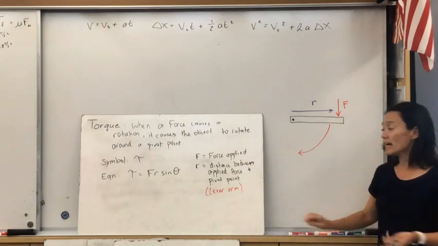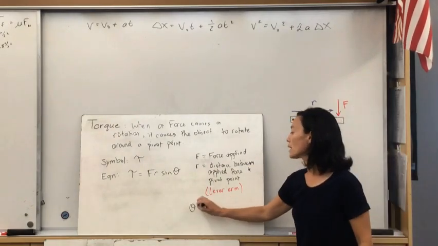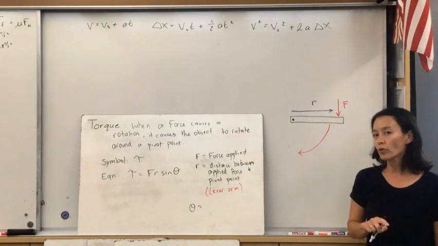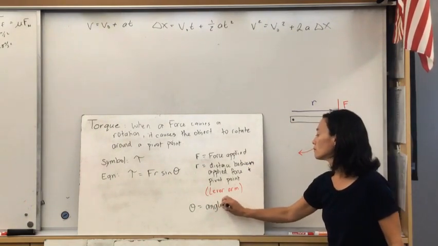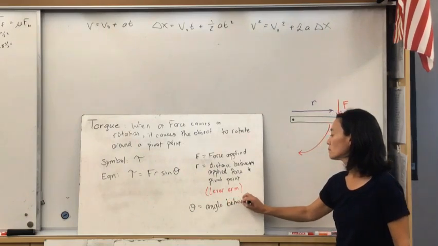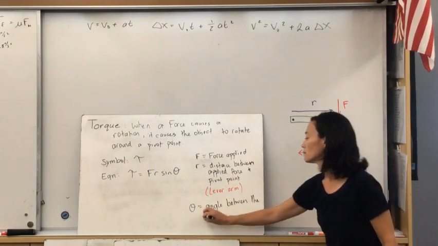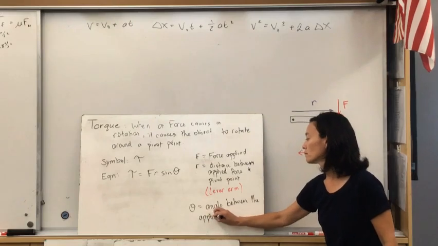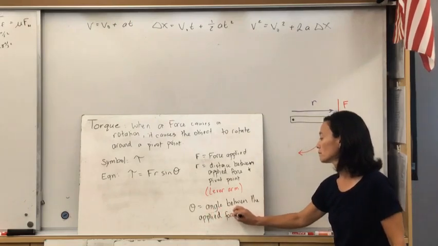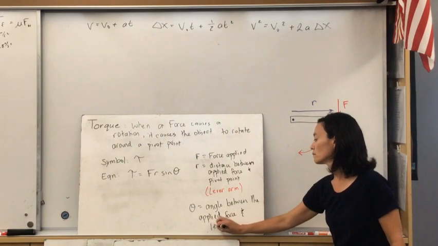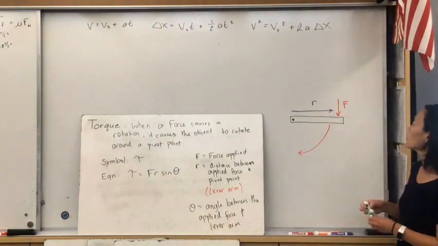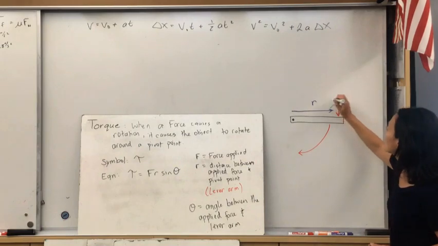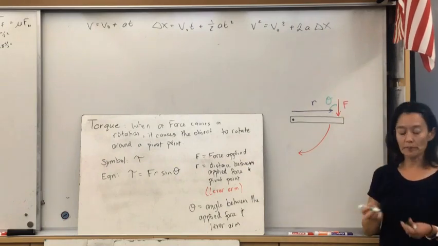And then theta is going to be the angle between the applied force and the lever arm. So in this example, my theta would be here. The theta would be 90.